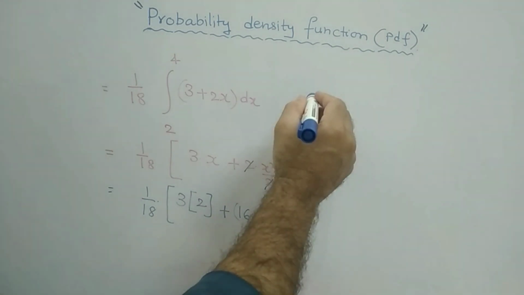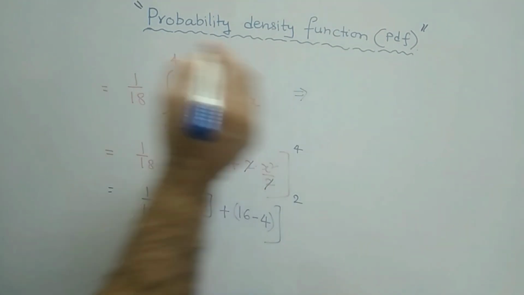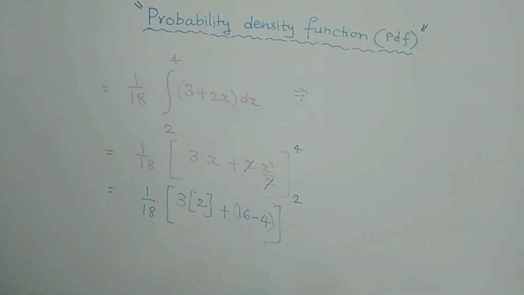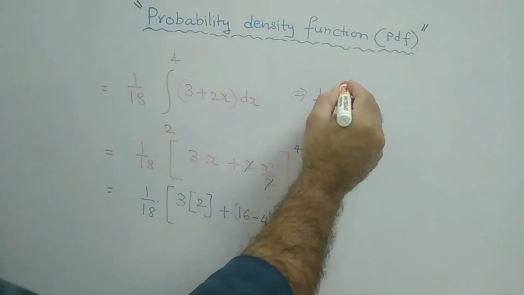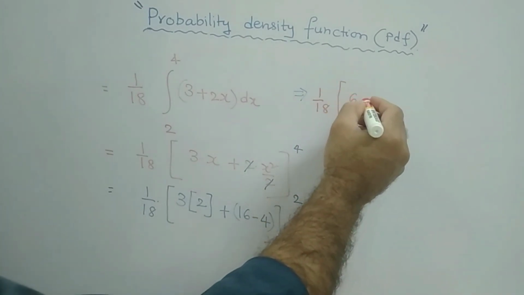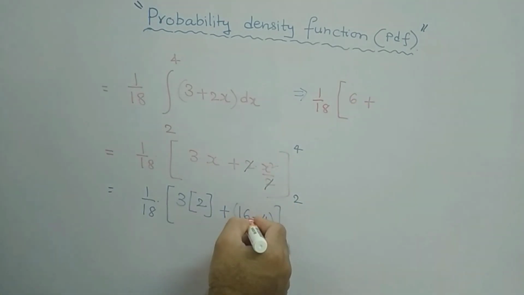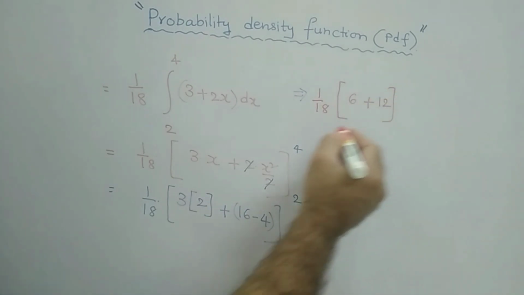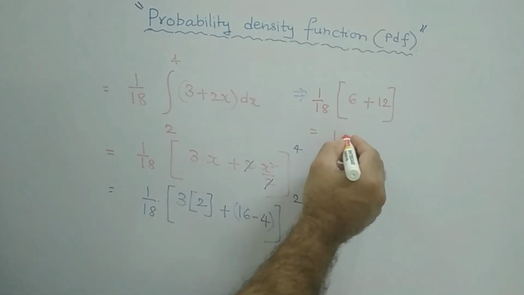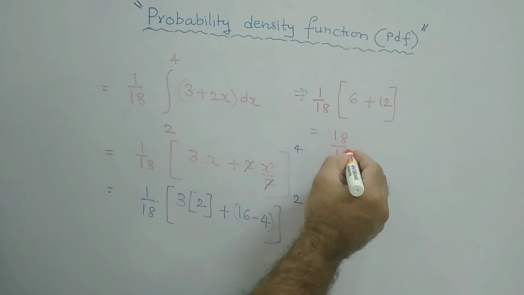So this implies, what will you get here? 3 twos are 6, so it is 1 by 18 of 6 plus 16 minus 4, which is 12. 12 plus 6 is 18, 18 by 18, that's it, it is 1.